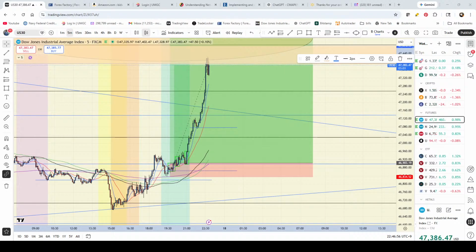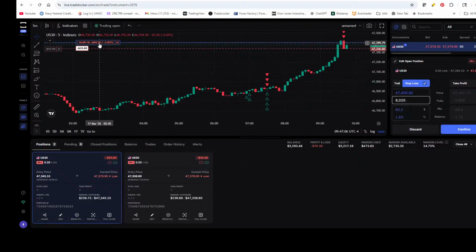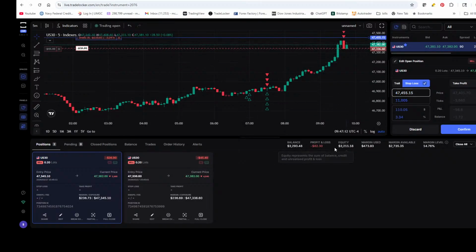We're gonna put our stop loss. Let me change my screen. All right, we're gonna put our stop loss just above it. And I'm just gonna risk that 200. That's right there. 120, a little over that.